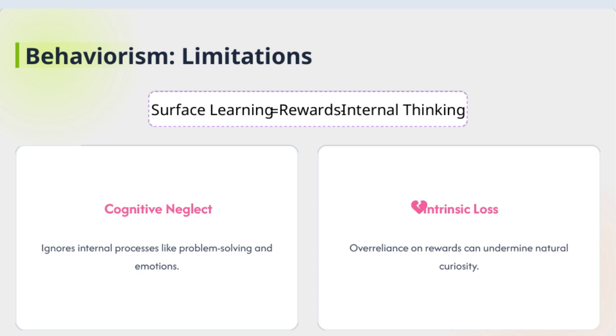While rewards can shape behavior temporarily, they don't foster deep thinking or internal motivation. So the key takeaway here is that over-reliance on rewards can hinder the development of authentic curiosity and meaningful learning. Instead, we should aim to engage internal processes and foster intrinsic motivation for more sustainable and enriching education.